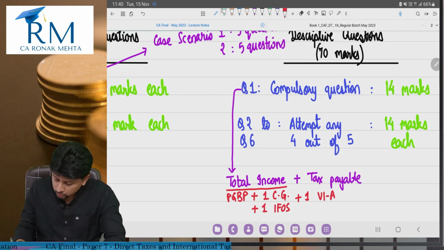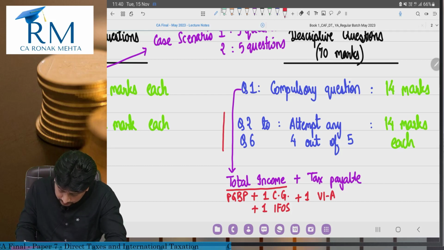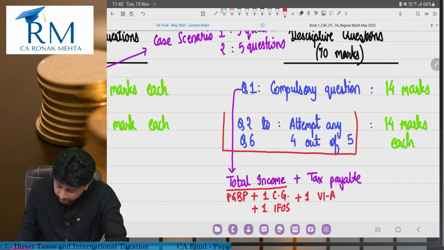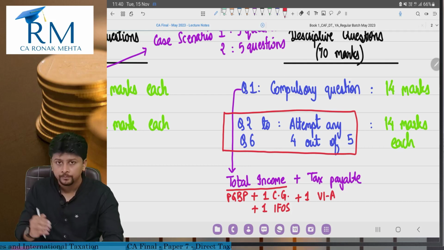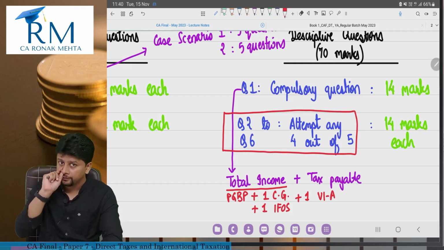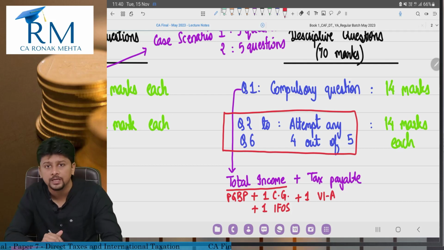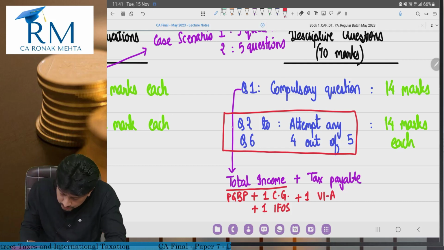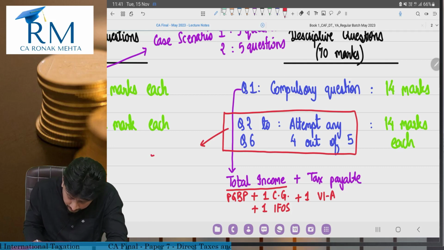For question number 2 to question number 6, you have to attempt any 4 out of these 5 questions. So 4 questions into 14 is 56 marks, and the compulsory question of 14, 56 plus 14 is your 70 marks. These questions are from your individual chapters.